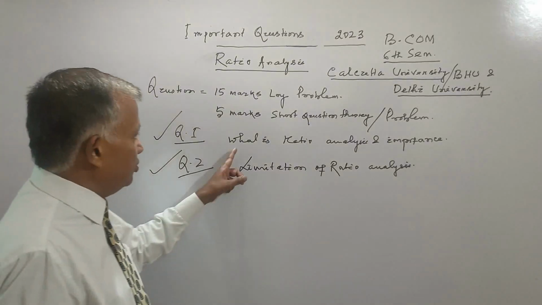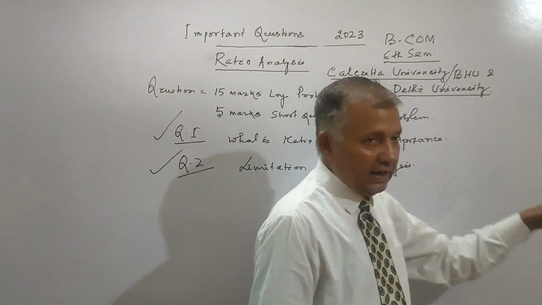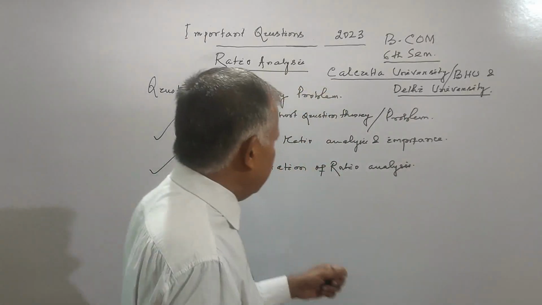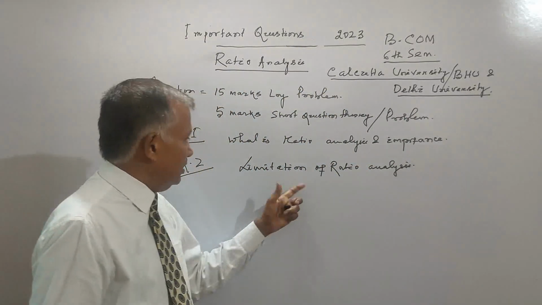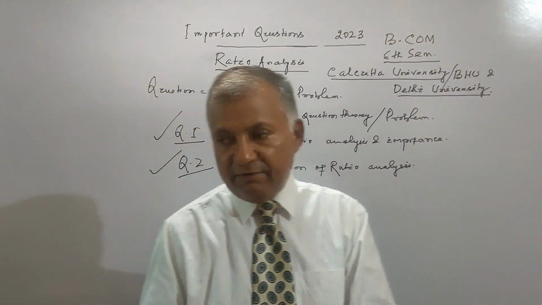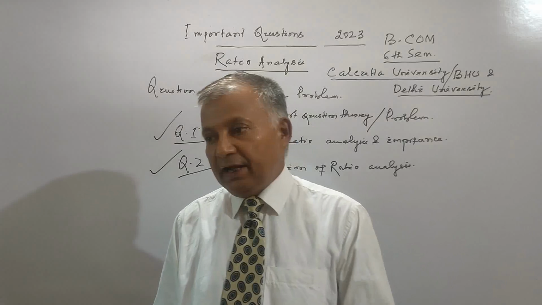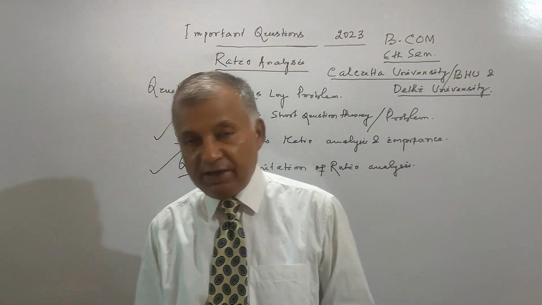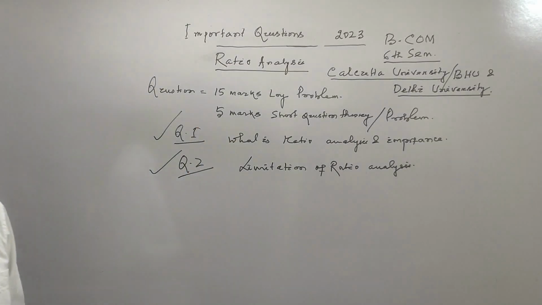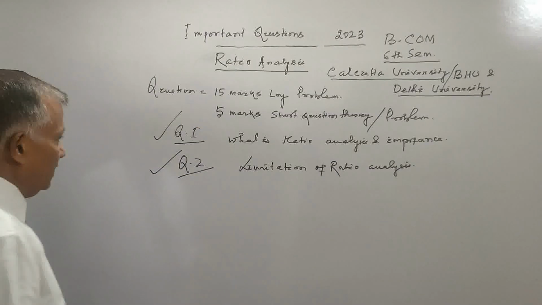So you can note down what ratio analysis is, its importance, and the limitations of ratio analysis. It has been given point-wise in the answer, and you can take a note of this, because these two theory questions are very important.